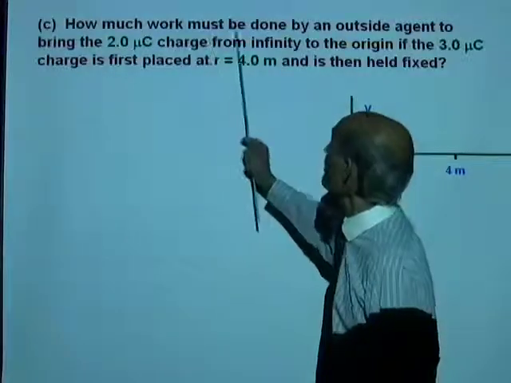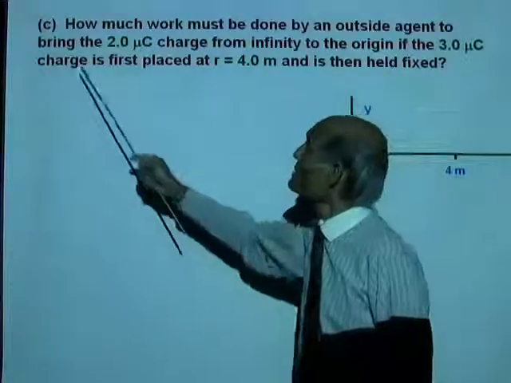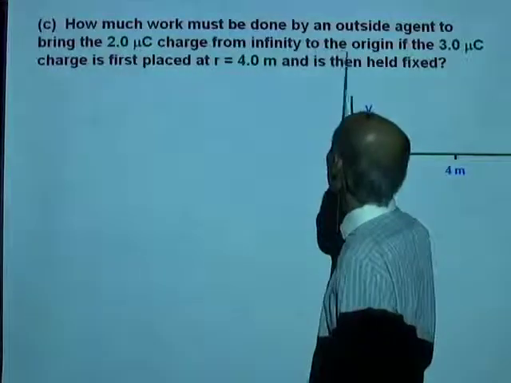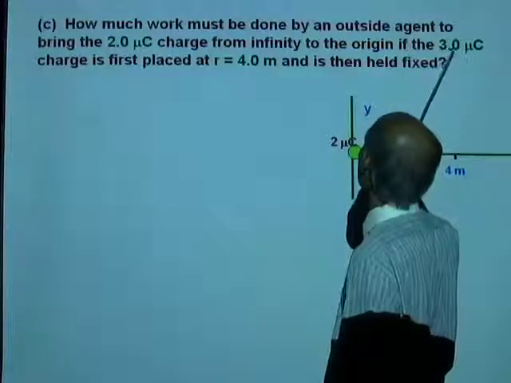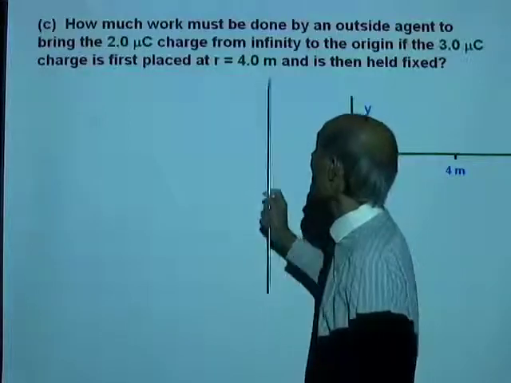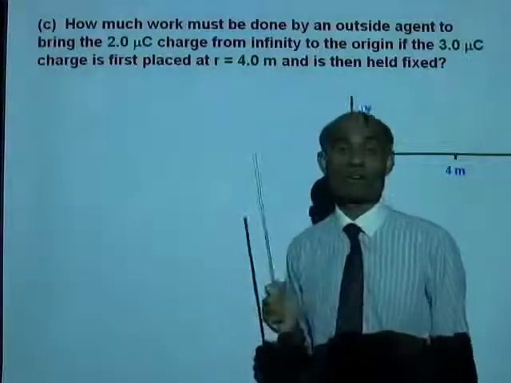How much work must be done by an outside agent to bring the 2 microcoulomb charge from infinity to origin if the 3 microcoulomb charge is first placed at r equal to 4 meter and is then held fixed?